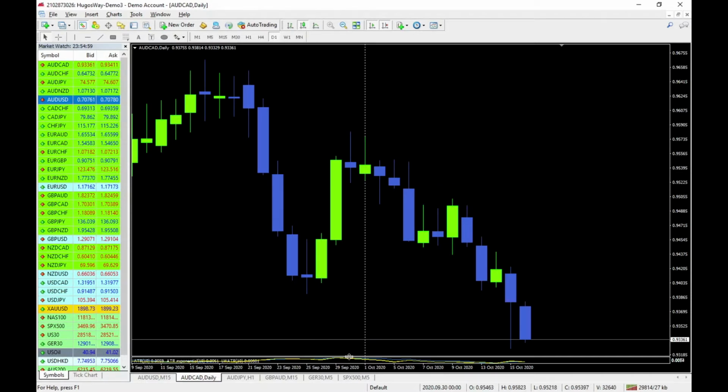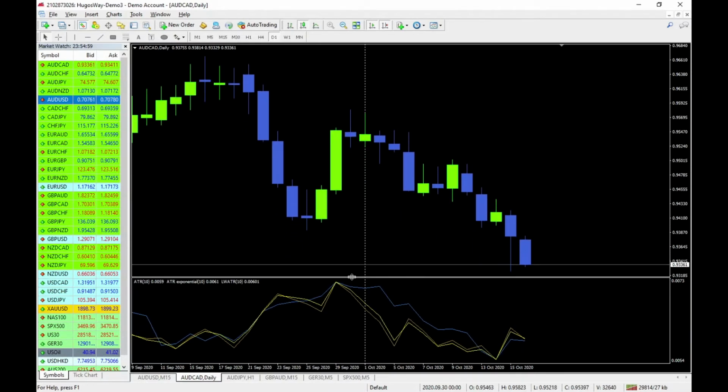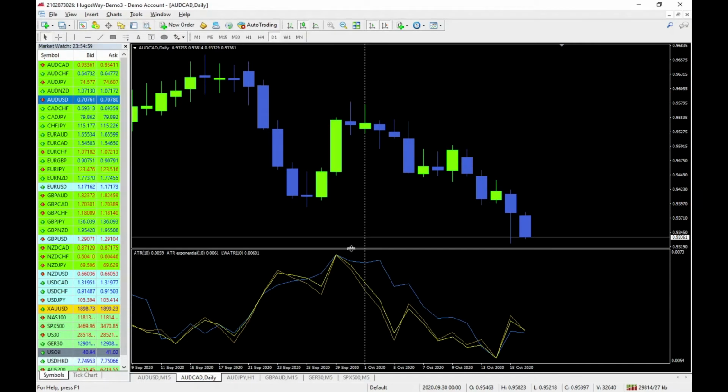So I have 3 different ATR measurements applied here, and what we have is the traditional simple moving average. The average true range is the blue line here. And that's showing us what those averages are. So if we average up those points, we can see here that that is about 5.9 pips. Or, no, 59 pips.